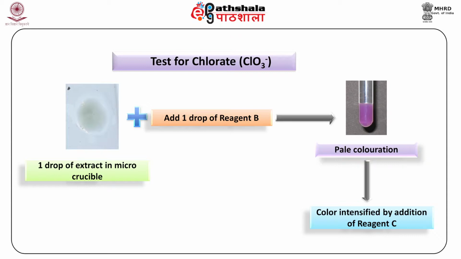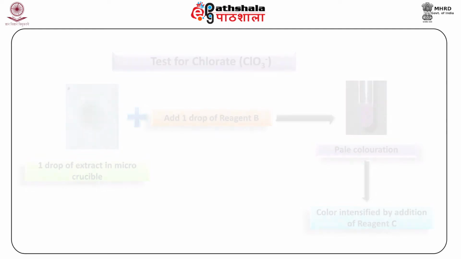The appearance of violet coloration can be seen. Very pale coloration may be intensified by adding a drop of reagent C. A deep violet color is formed due to the oxidation of diphenyl carbazide.